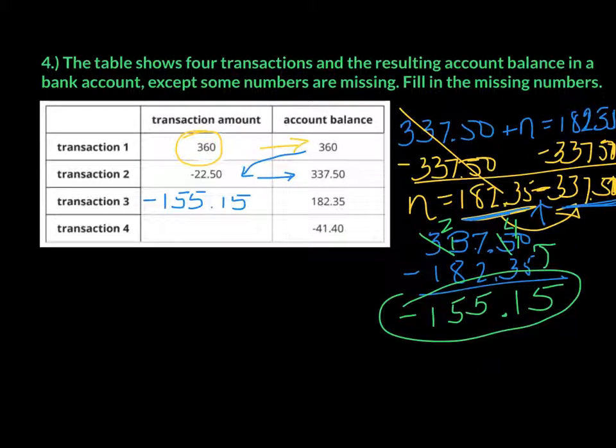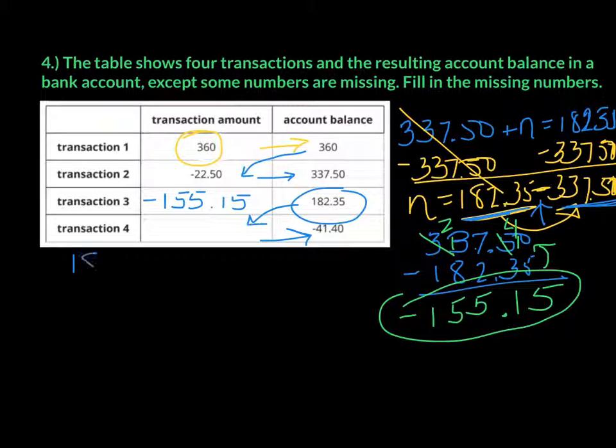Now, not my 155.15, sorry. I know I'm going from my 182.35, something's happening to it, and I'm going to end up at negative 41.40. So I'm going to do the same process again.